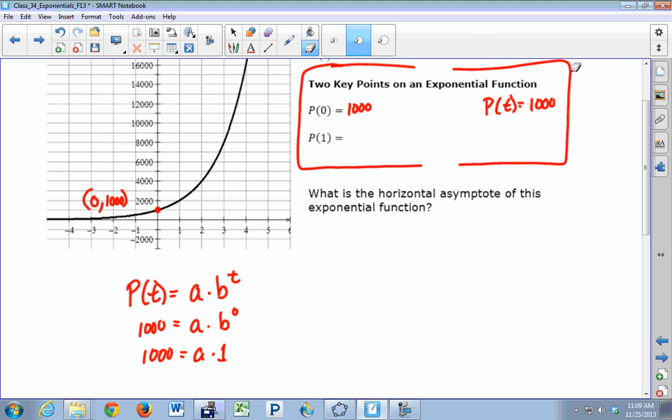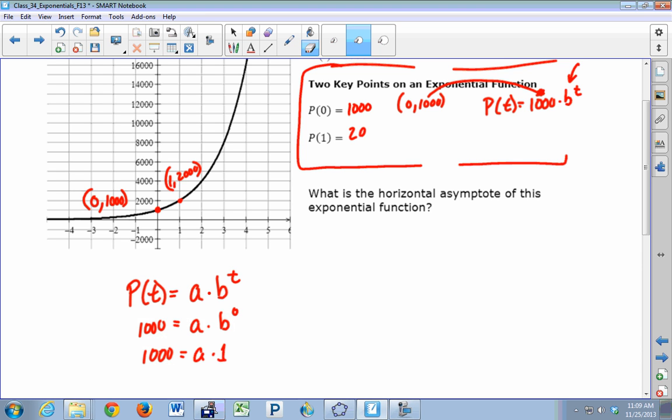We don't know yet what our base is. We do because we just did the problem. But in general, we'd have to write this, b to the t. Now let's figure out what the base is. We know it's 2 from the work we've just done, but let's see if we didn't know. So that's where your next point comes in. So this 0, 1,000, that 1,000 will always tell us this coefficient right here. And then when we go to 1, we're at 2,000.